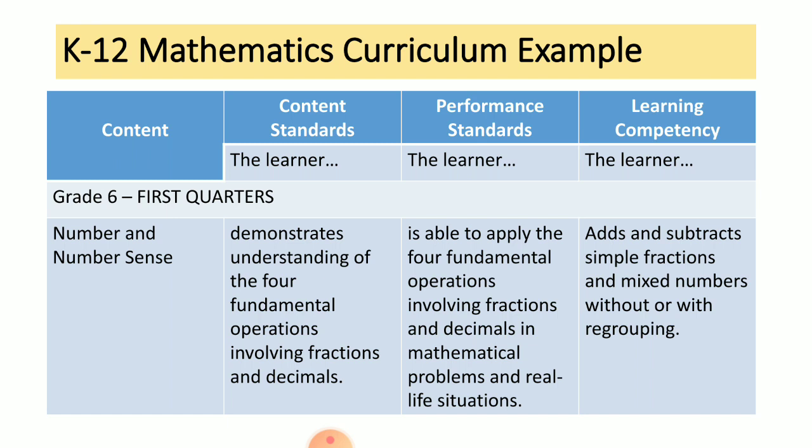The content standards are broad descriptions of what the students should learn. The performance standards outline what the students should be able to do once the concepts and skills are taught. The learning competencies are logically arranged objectives that must be aimed for in classroom instruction for the students to achieve the required content and performance standards.